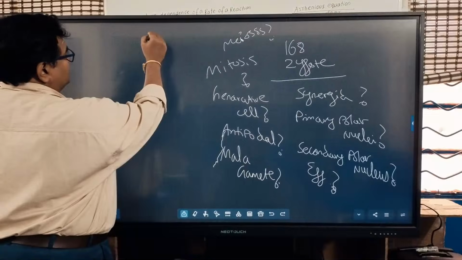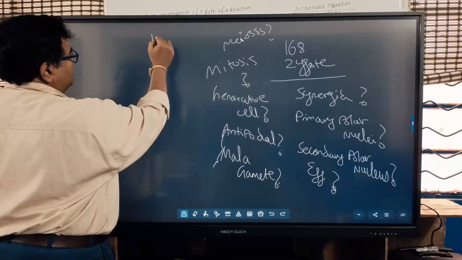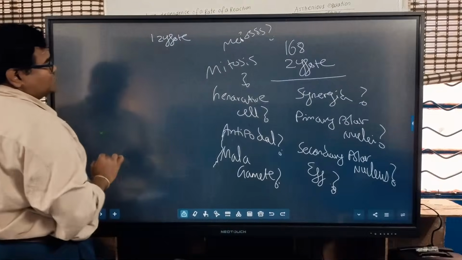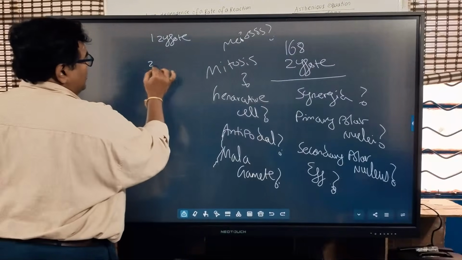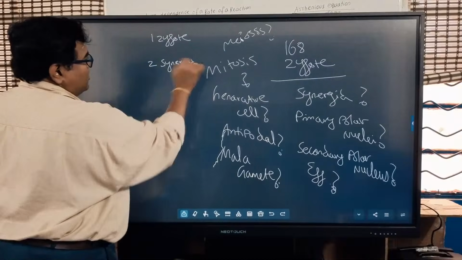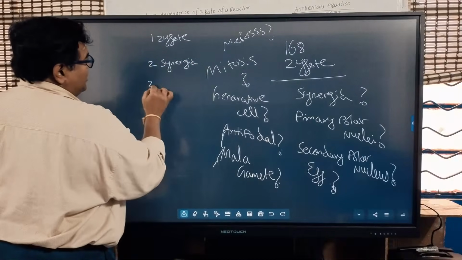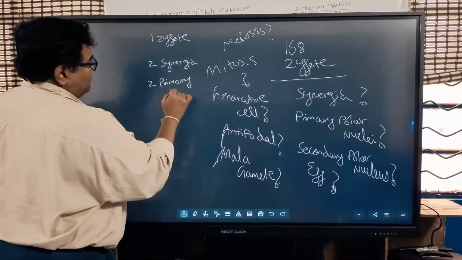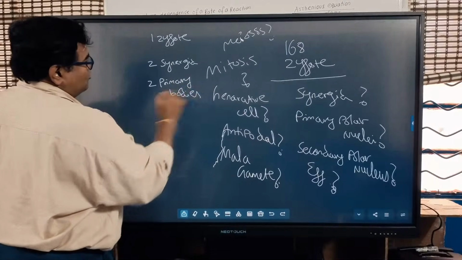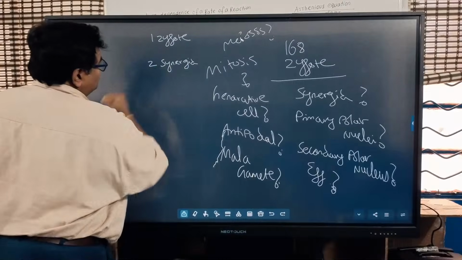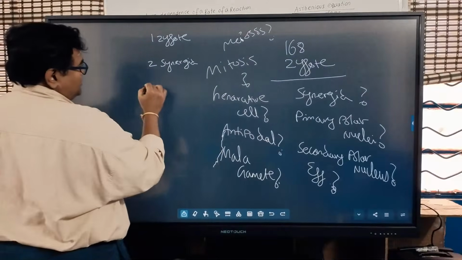See, listen. For making one zygote, they won't give you any value. For making one zygote, I require two synergids, two primary polar nuclei. Polar body is a word you should use only in the oogenesis process.